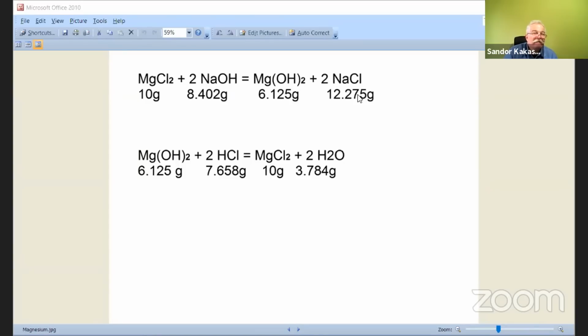Sodium chloride is easy to dissolve, it's soluble in water, but magnesium hydroxide is not soluble. So most of your white precipitate is magnesium hydroxide. There are other things as well, like calcium hydroxide, because that is also produced: you had calcium chloride before, and now it became calcium hydroxide and sodium chloride.